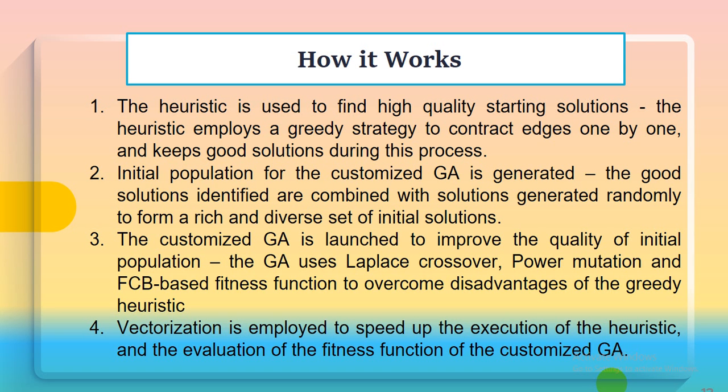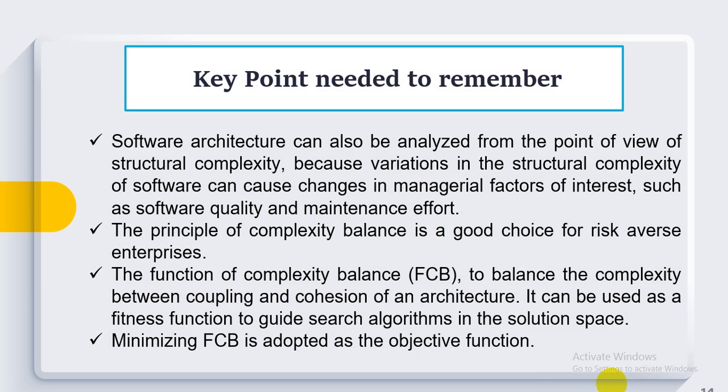The customized genetic algorithm is launched to improve the quality of the initial population. The genetic algorithm uses Laplace crossover, power mutation, and an FCP based fitness function to overcome the disadvantage of the greedy heuristic. Vectorization is employed to speed up the execution of the heuristic and the evaluation of the fitness function of the customized genetic algorithm.